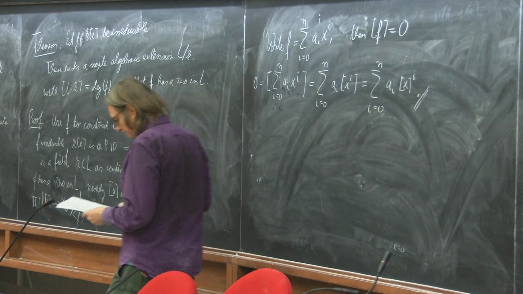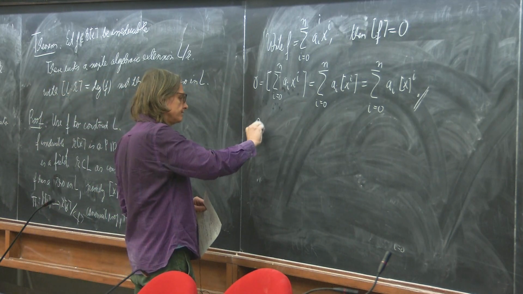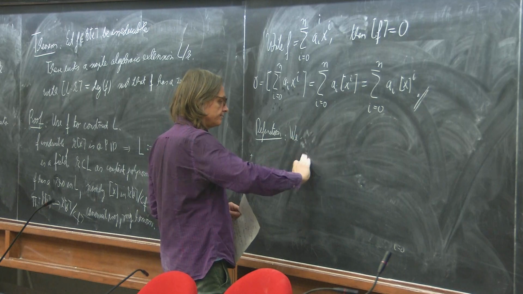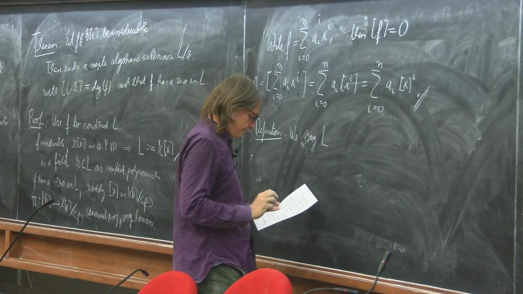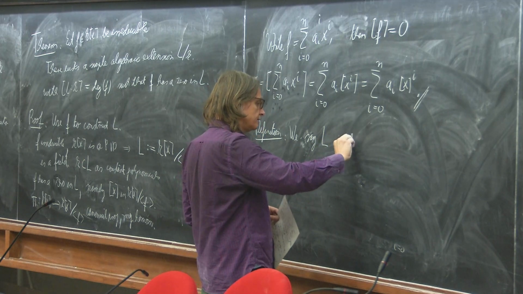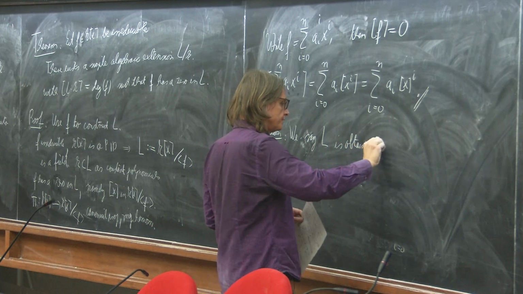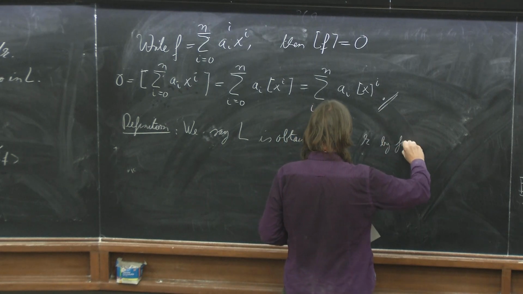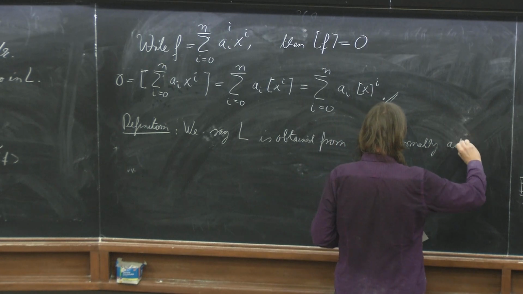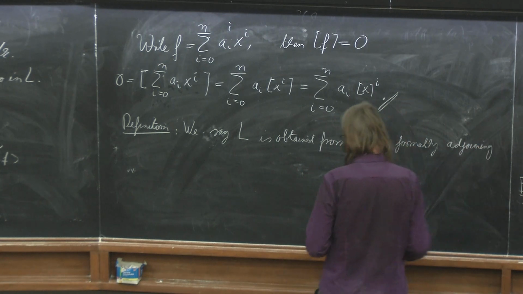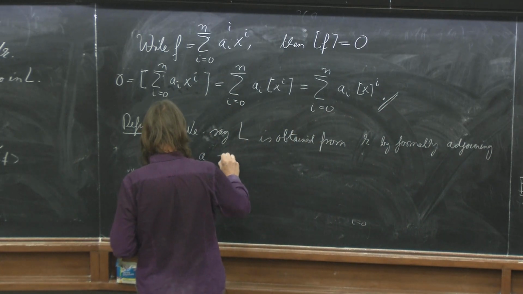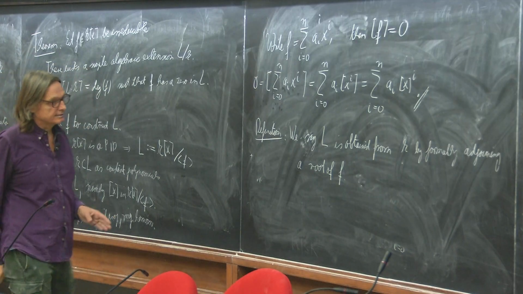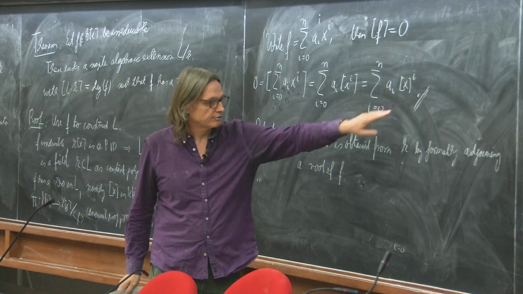So it's a bit strange. By definition, in this situation, we say L is obtained from K by formally adjoining a root of F. It's a bit strange because we have kind of created this out of nothing, and the zero is obtained in this tautological way, but it is okay.